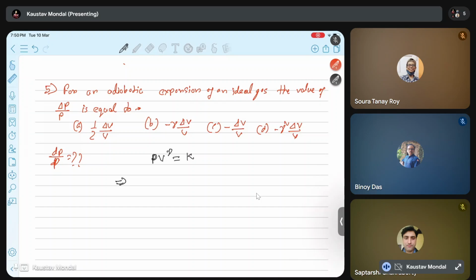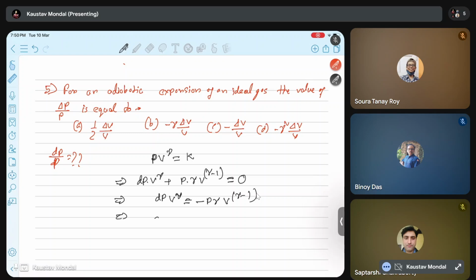The total derivative becomes dP into V gamma plus P into gamma V to the power gamma minus 1, and the RHS will become 0. Now you can write dP V gamma equal to minus P gamma V gamma minus 1.